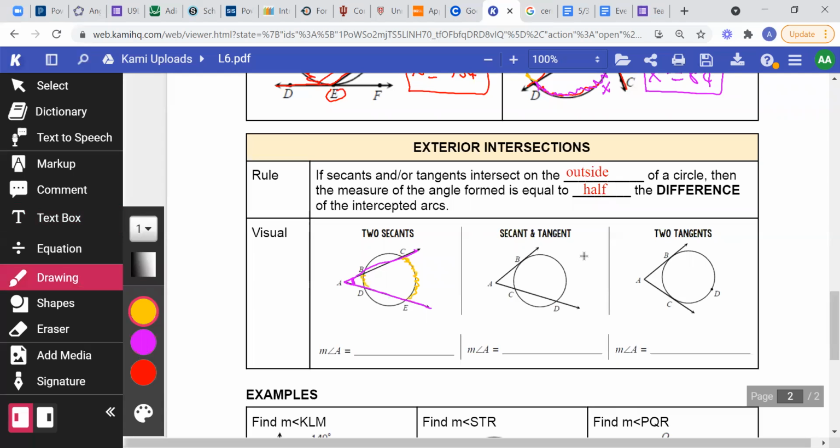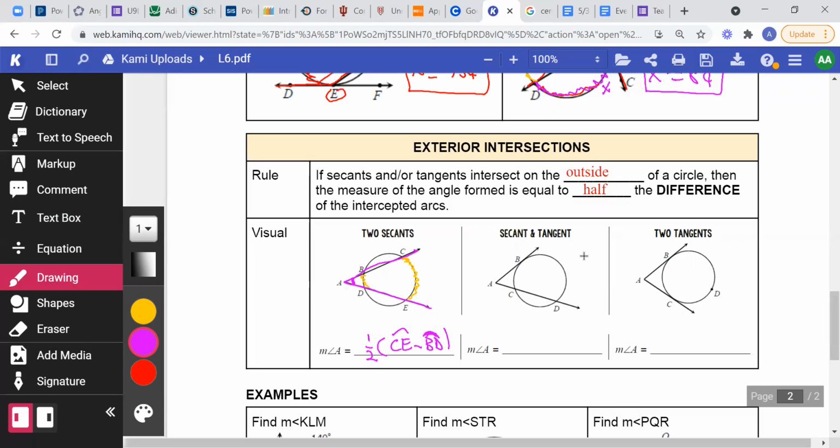So you're going to take half of the big one, CE, minus the small one, BD. So these are just formulas to commit to your memory.